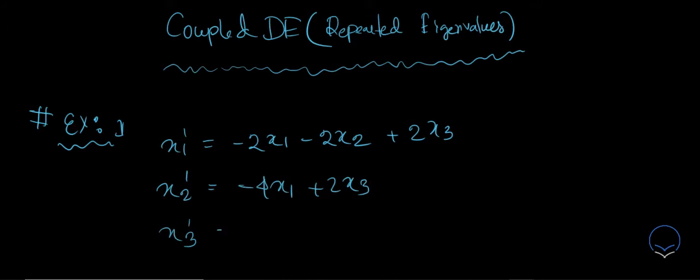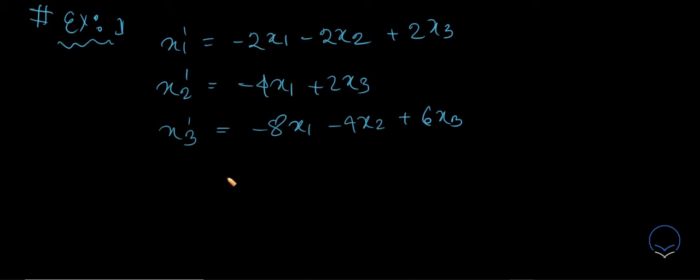Then you will have x3 prime as minus 8x1 minus 4x2 plus 6x3.